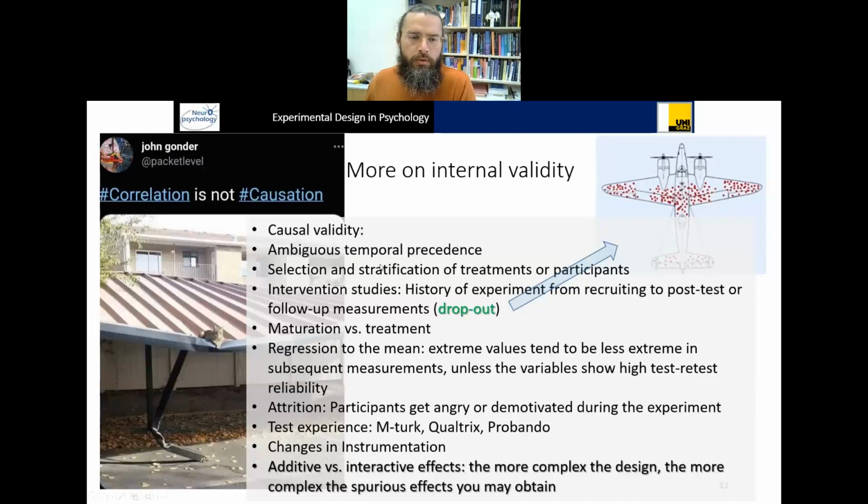First of all, you have to be sure that there is an unambiguous temporal precedence between the independent and the dependent variable. So of course, the independent variables which occur or were measured later in time cannot influence the past, right? So this kind of logical thing.